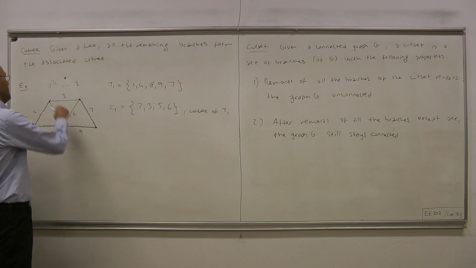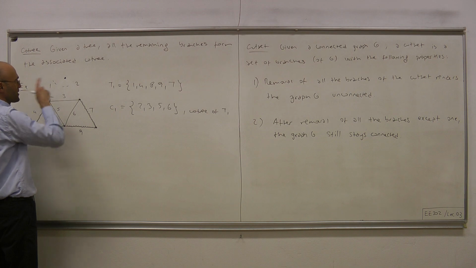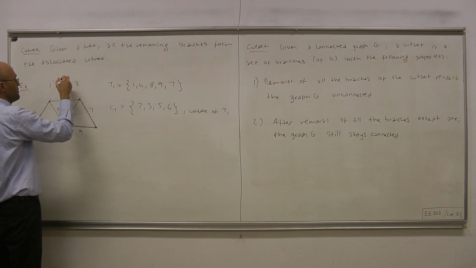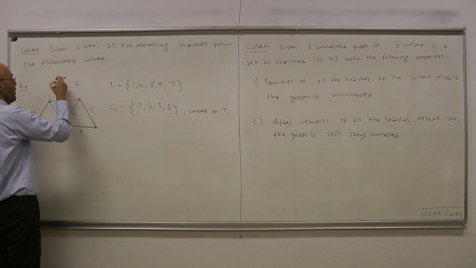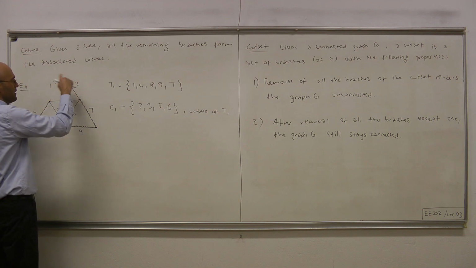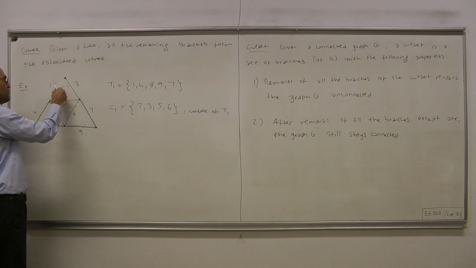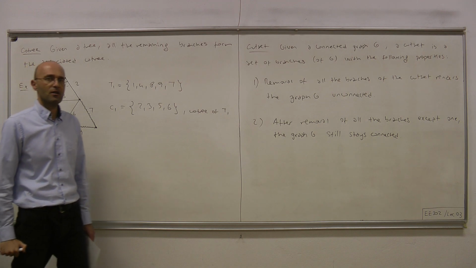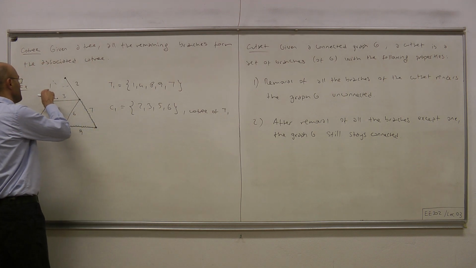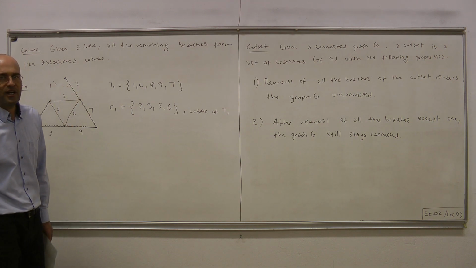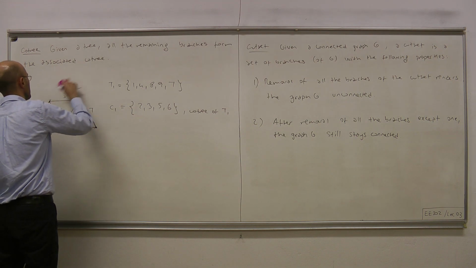If you remove all the branches of the cutset except one, in this case it's very simple, we have two branches. If you remove one and leave two, then clearly the graph is connected. If you do the other, if you remove two and leave one, the graph still remains connected. Therefore, this set that contains branch number 1 and branch number 2 is a cutset, for instance.